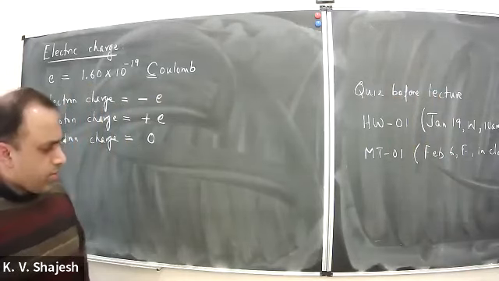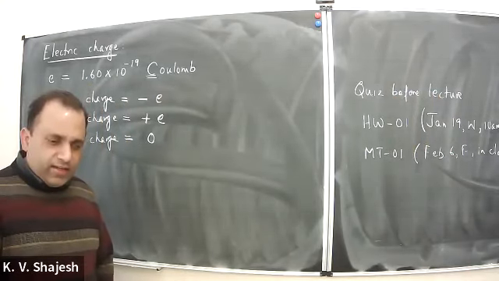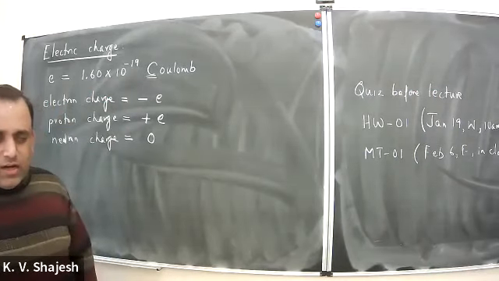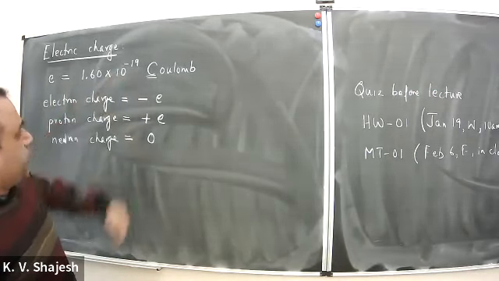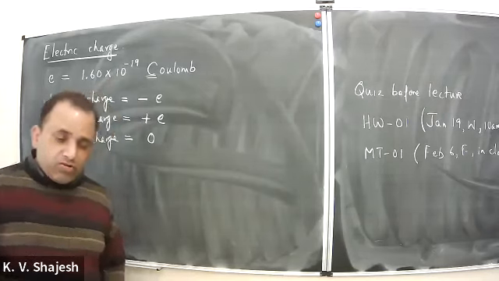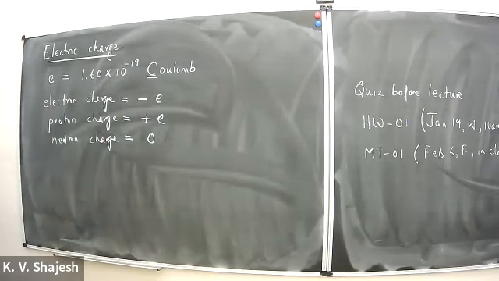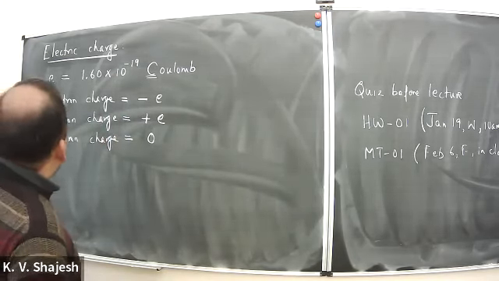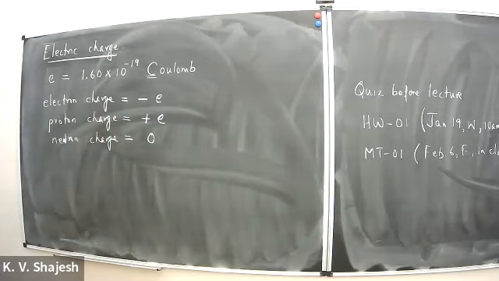If we know how many coulombs of charge a material has, you divide it by this amount of charge, and you know how many electrons or protons are there in the system. So that's your electric charge, which is the basic thing we will be talking about here.